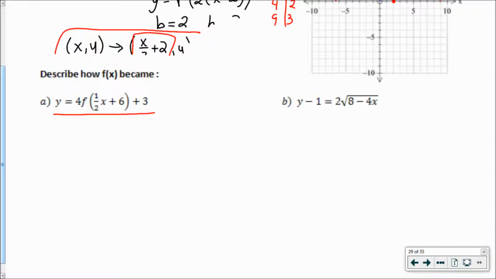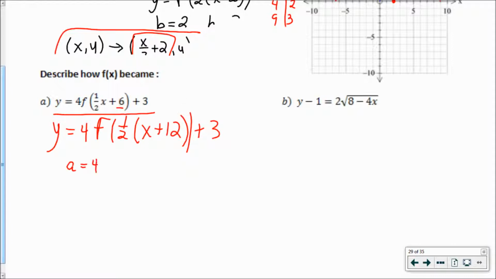So this is very similar to what we were doing before. y is 4, and then f of, take out that value of b, half of 12 is going to give me that 6 back that I want, plus 3 out there, close the brackets. So a is 4, b is a half, h is -12, and k is 3.